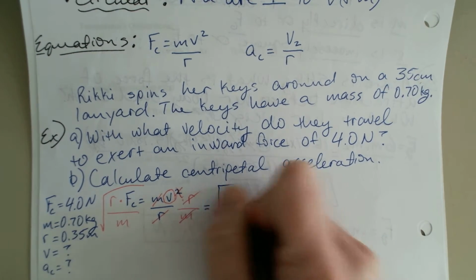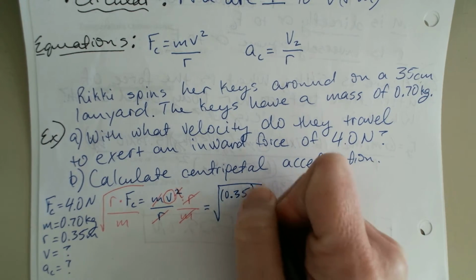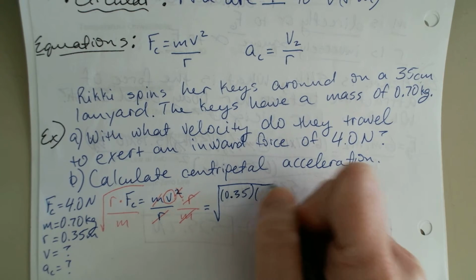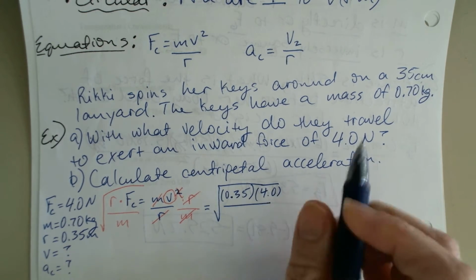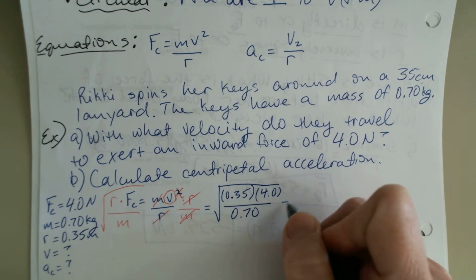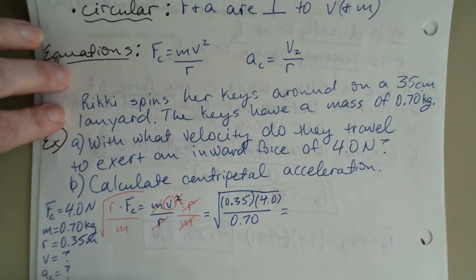So the square root of 0.35, because now I have everything in my standard units, I'm not going to bother to write the units, times 4 over 0.70. Okay.